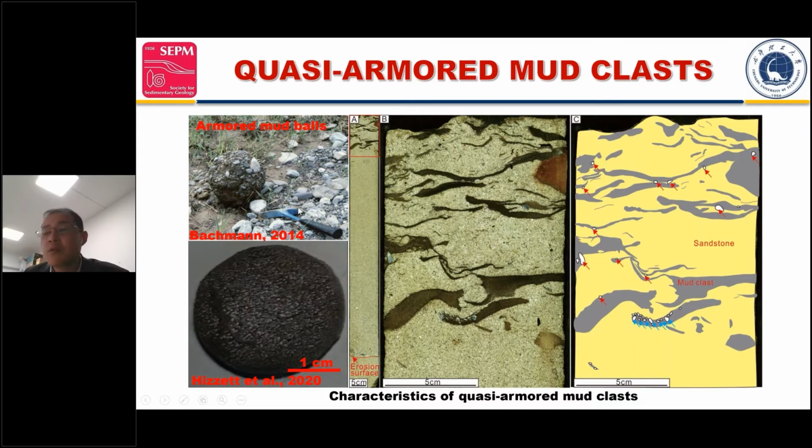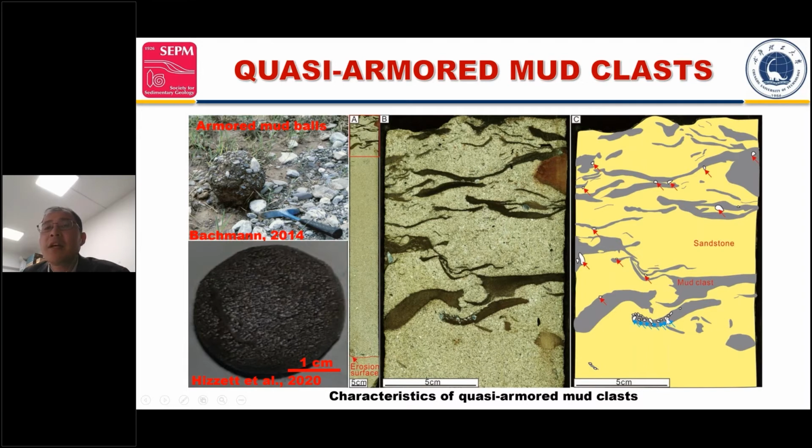On the contrary, those Quasi-armored mud clasts, you can see, are usually irregular, with isolated granules or groups of granules in the mud clasts, and usually those mud clasts are floating in the massive sandstone or the argillaceous sandstones.